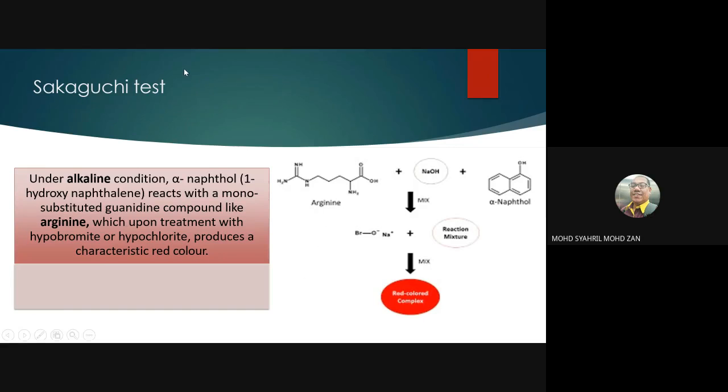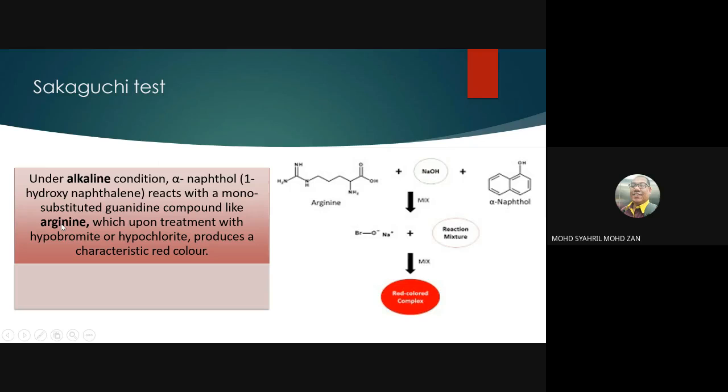Alright, the last one will be the Sakaguchi test. Mostly we can get a red color complex, but you have to create the alkaline condition. We use what we call alpha naphthol. Alpha naphthol is 1-hydroxynaphthalene, which reacts with a monosubstituted guanidine compound like arginine.